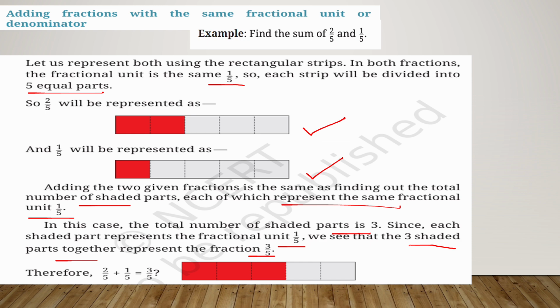Therefore, 2 by 5 plus 1 by 5 is 3 by 5. See, here 2 parts are shaded and in the second figure 1 part is shaded. So, in the first figure, shaded part represents 2 by 5. In the second figure, shaded part represents 1 by 5. So, 2 by 5 plus 1 by 5 is 3 by 5. See this figure. Out of 5, 3 parts are shaded.